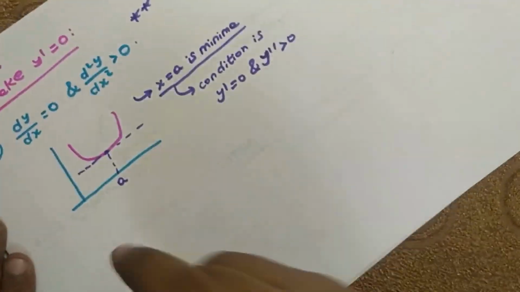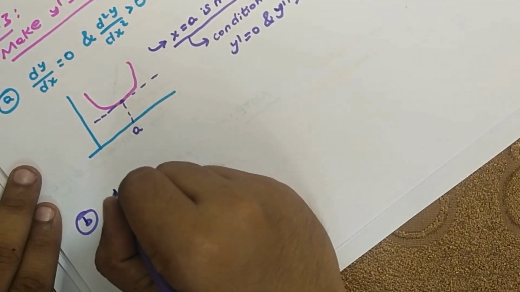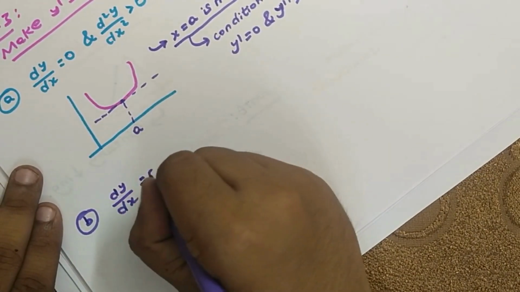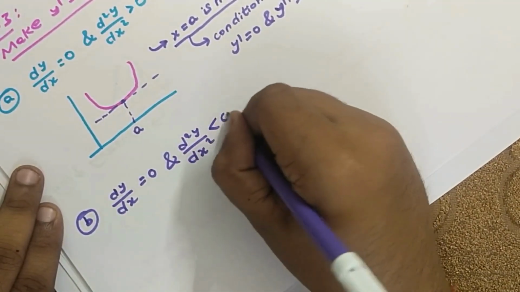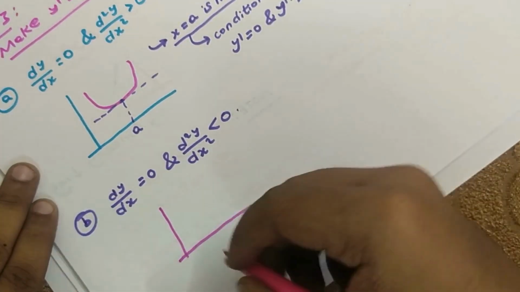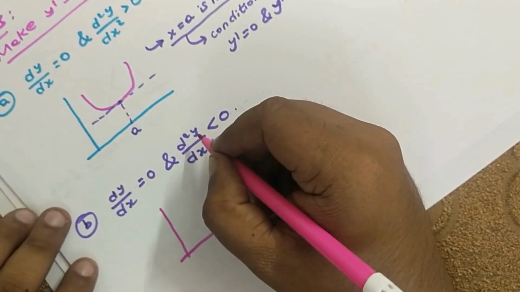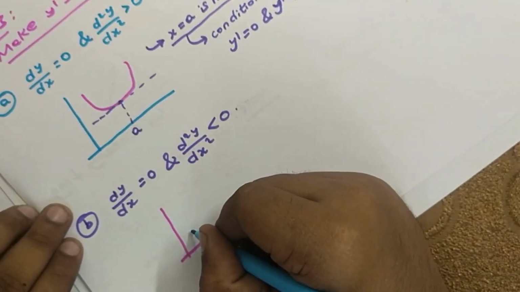So let's take the next case: dy by dx is equal to 0 and d square y by dx square is less than 0 now. Let's take the graph suitable for this. dy by dx should be 0 and y double dash less than 0 at that same point. So the graph looks like this.